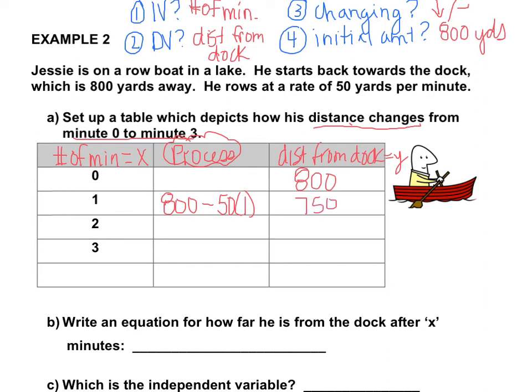After minute 2, going to be another 50, so 50 times 2. So now he's at 700 yards. And then again, on the 3rd minute, I had to subtract 50 3 times, so 50 times 3. And so that's going to be 650 yards. And I can keep going.